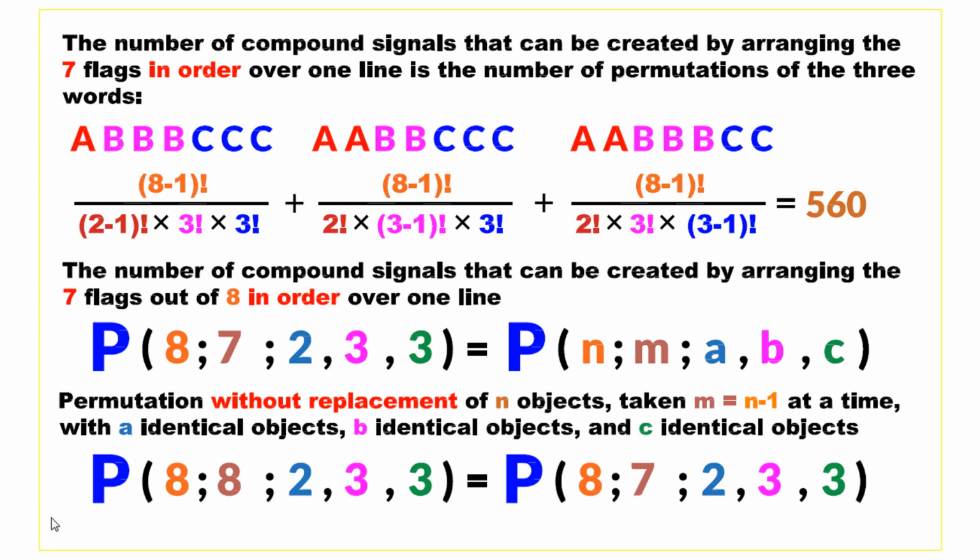So we notice the following: permutation without replacement of 8 objects taken 8 at a time is equal to permutation of 8 objects taken 7 at a time. So is that always the case or not? This is what we have to find.